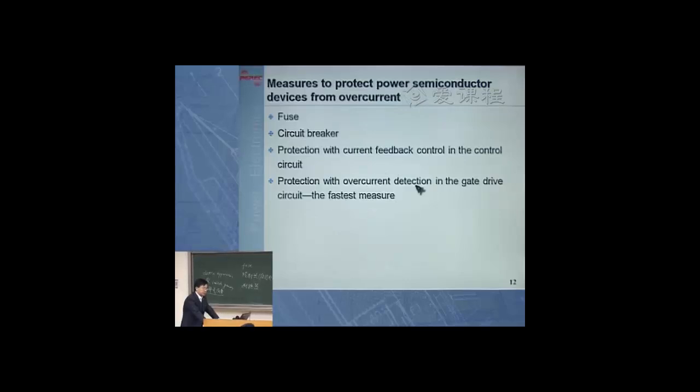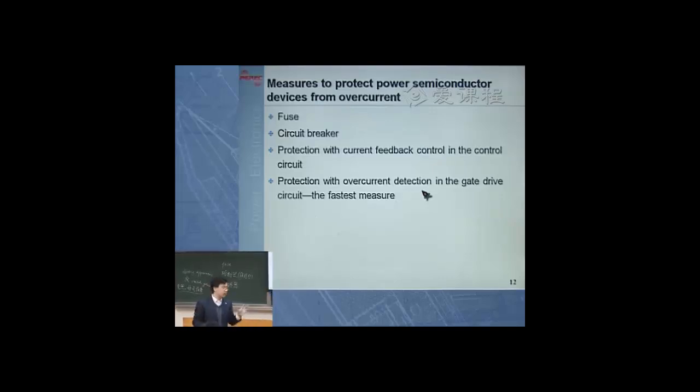And this feedback control can also be applied to a gate drive. You can measure the actual current flowing through a power semiconductor device, and once that current exceeds the appropriate level, I can quickly shut off the gate drive circuit. The gate drive will send out a turn-off signal to the power semiconductor device and turn it off.